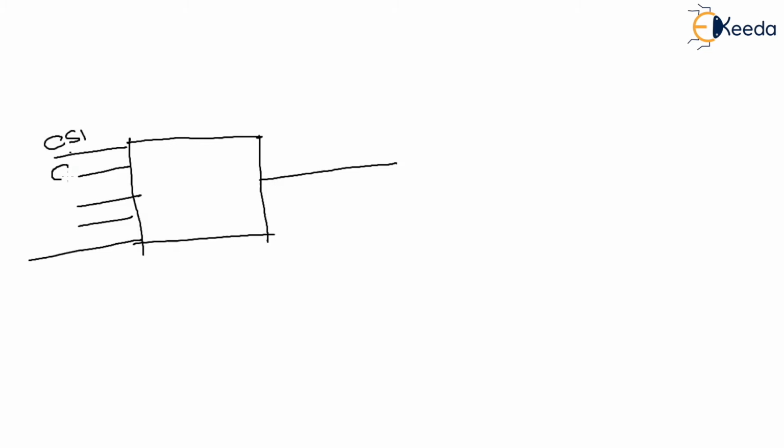CS1, CS2, and CS2 I'm giving a bar. I will explain why CS2 has a bar on top. First of all, you have no idea about these two; we're going to discuss them in some time. The next two connections are the read pin and write pin, and this is address, data.